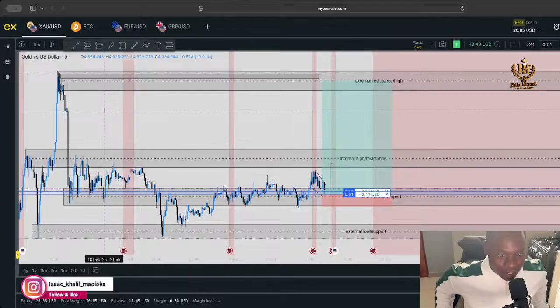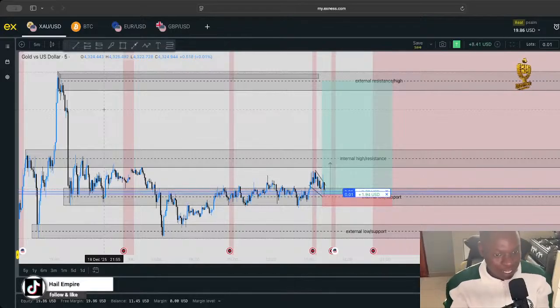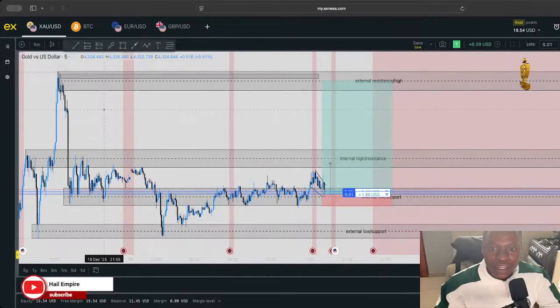So we want to see how price will react from that level. We want to see how price will react.